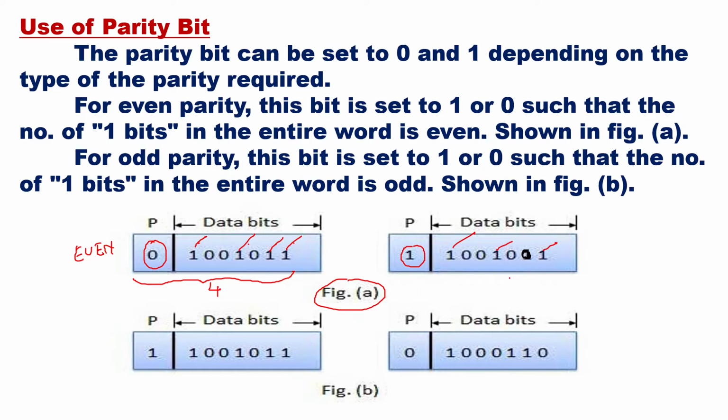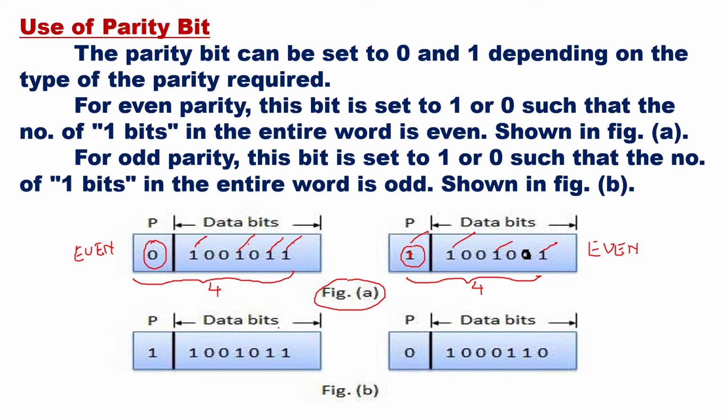Because there are three logic ones and I want to indicate even parity, I will make this parity bit 1, so that including this it becomes 4. So this is your even parity. See, in the first case the parity bit is 0, in the second case the parity bit is 1, because including that bit, the number of ones in the complete 8-bit code word should be even.